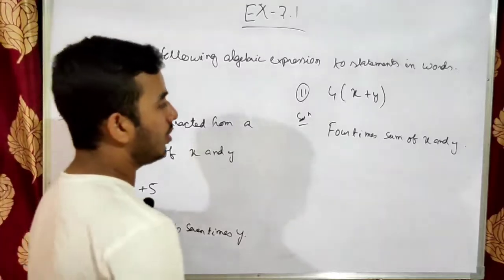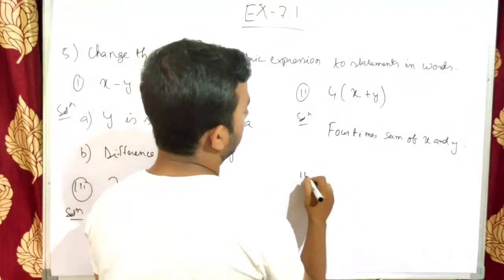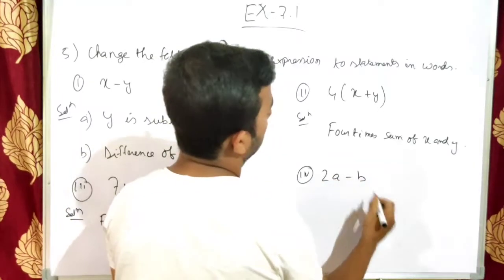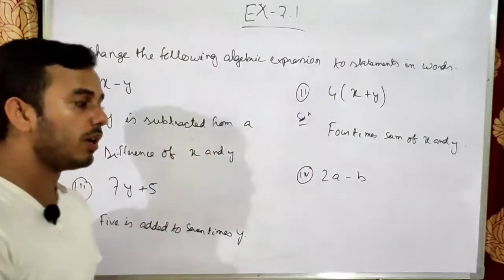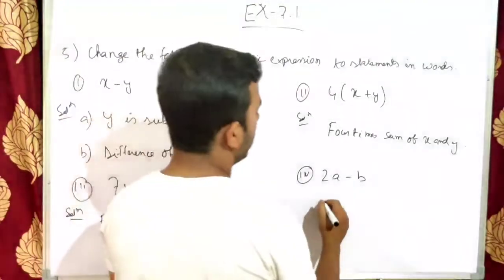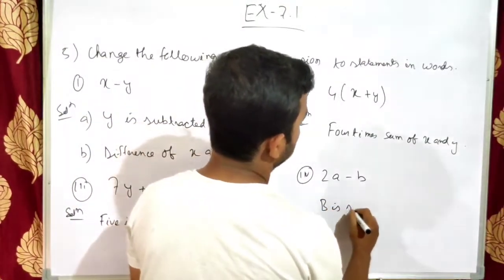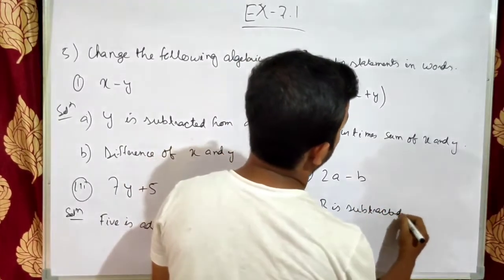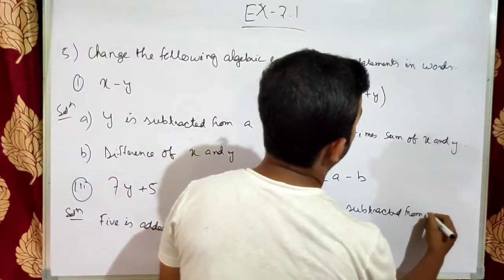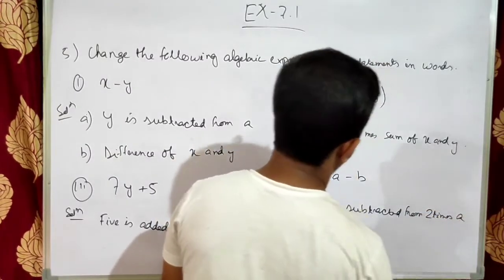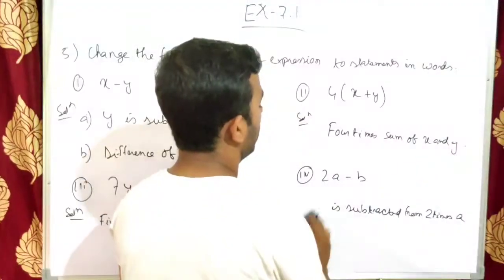2a minus b, number 4. 2a minus b: here b is subtracted from 2 times a. So we'll write b is subtracted from 2 times a.